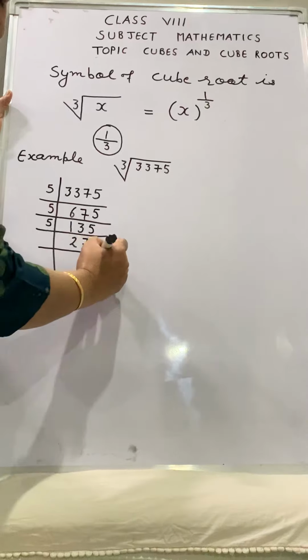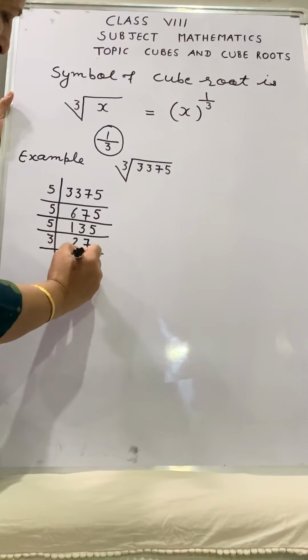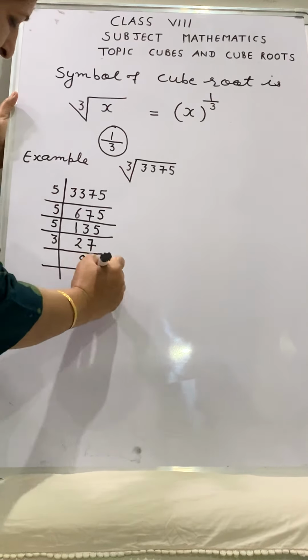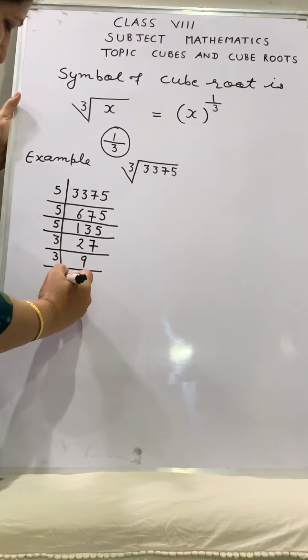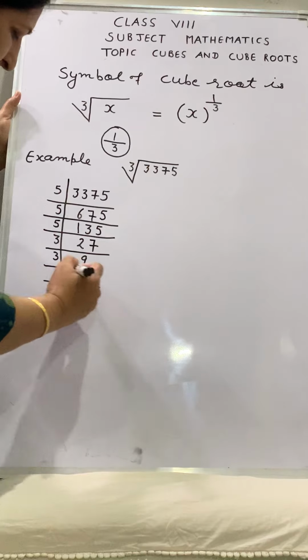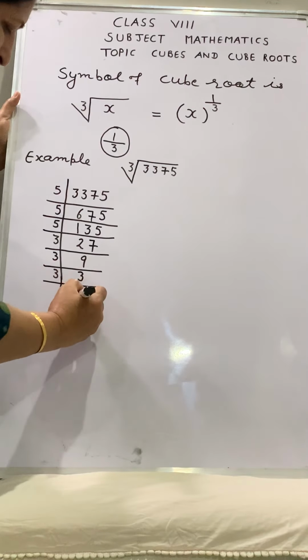Now 27 is divisible by 3, 3 9s are 27, and 3 3s are 9. It is divisible by 3, 3 1s are 3.